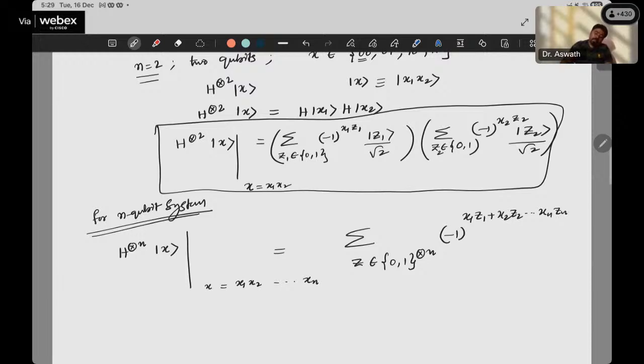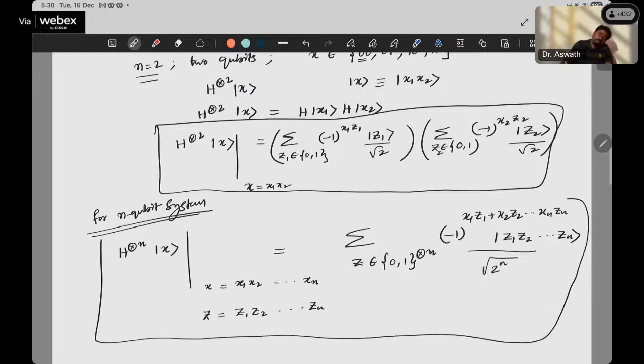So that will cover all the minus 1 to the power ofs, and in the ket notation I will say z1 z2 up to zn divided by square root of 2 to the power of n, where z belongs to 0 comma 1 tensor n means z is actually z1 z2 and so on up to zn.